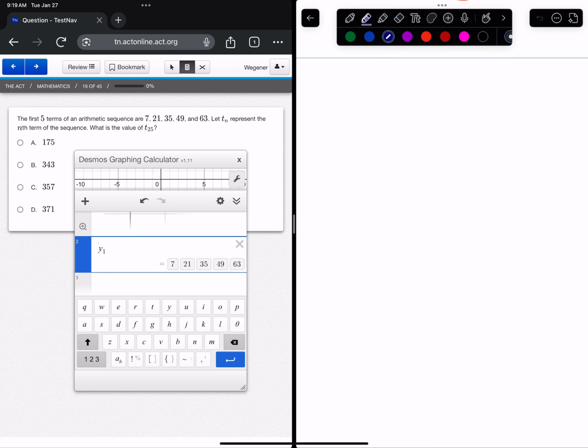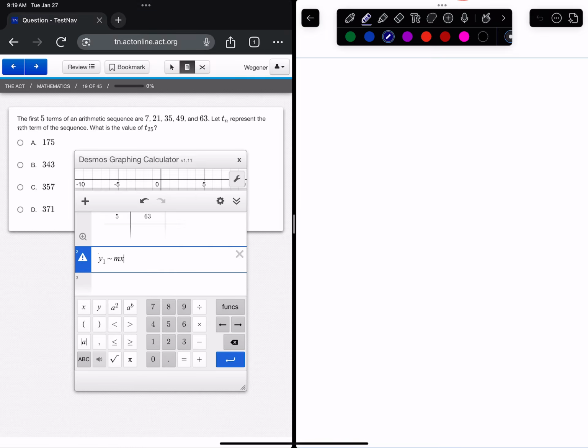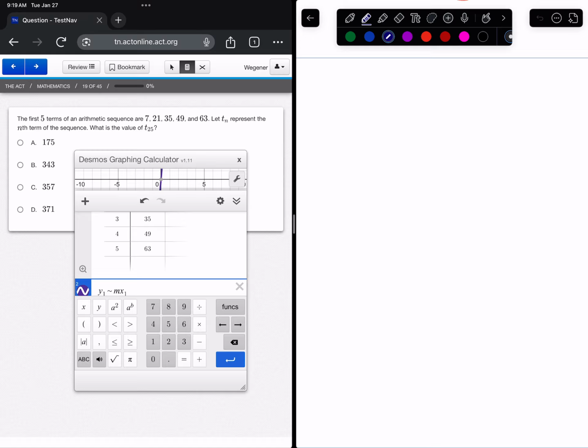And then to get a regression line, you press this button right here. That indicates to Desmos, hey, I want you to make an equation given these points. And then we're gonna put y1, tilde, m, x1. x1 is going to be 1, 2, 3, 4, 5. So basically, x1 is going to be my input, and y1 is going to be my output.